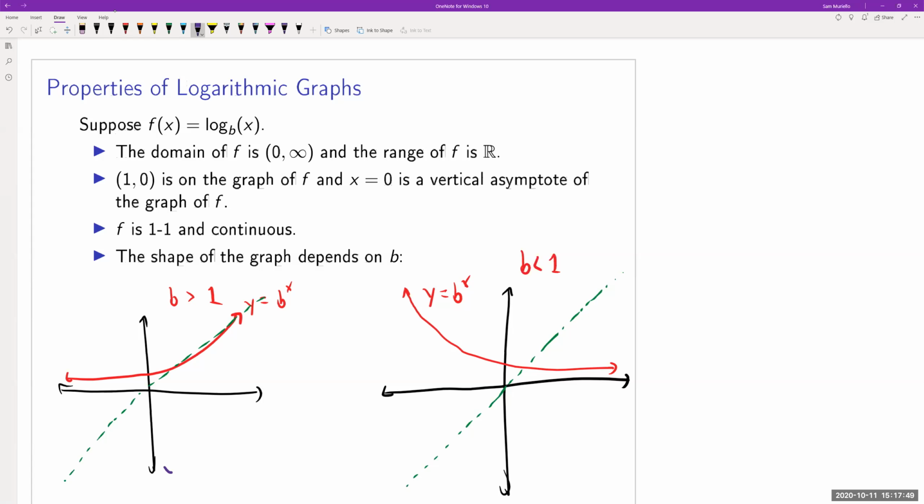Over here, we will have something like this. And over here, something like this should work.